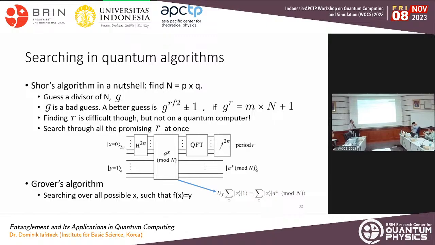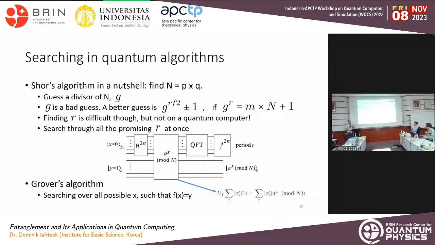If you apply this gate, then you take an entangled state of X and A to the power of X, and A is actually G in this case. So you create some perfectly correlated state here, modulo N, so you just take the remainder of this. Then I need to use some other quantum Fourier transform, and we measure probabilities on this, from which we can somehow infer this R.